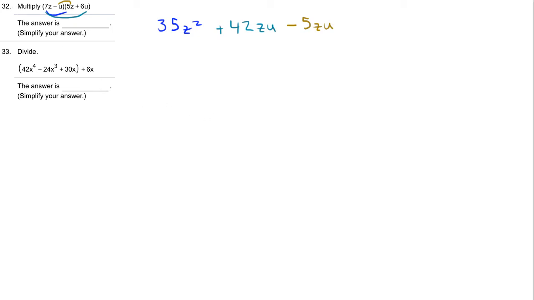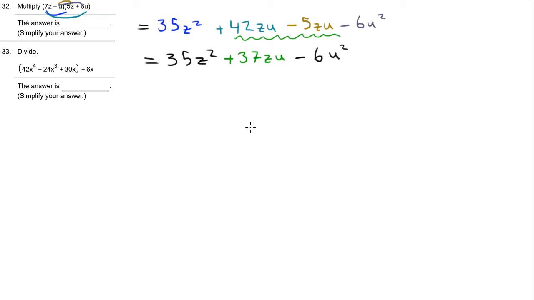And then negative u times 6u is minus 6u squared. Okay. These combine. Plus 37zu. I'm doing zu because they gave us the problem with the z's in front.